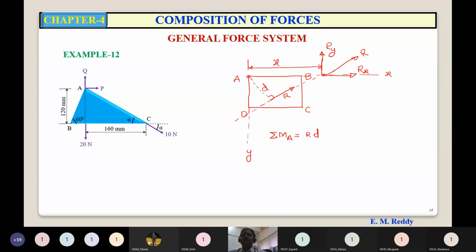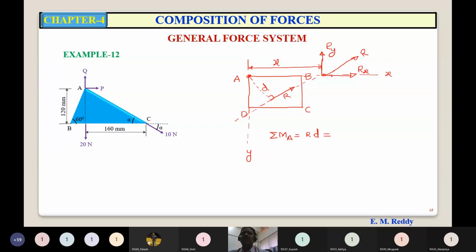Now see here, the algebraic sum of the moments of all forces about point A is equal to the moment of resultant, which is equal to the algebraic sum of the moments of the x and y components of resultant about point A. Am I right?